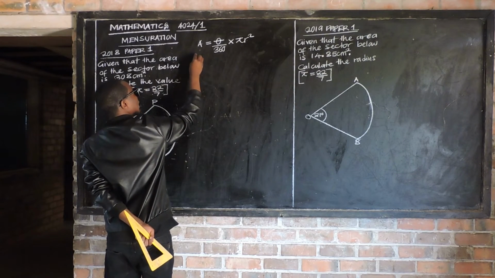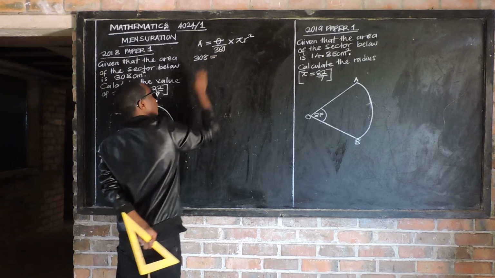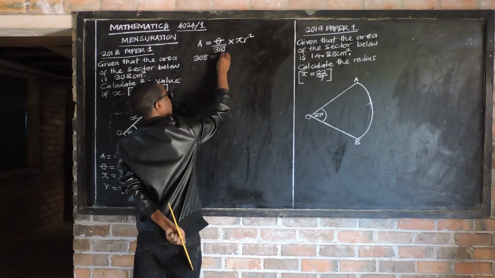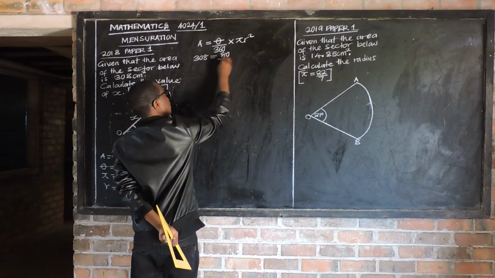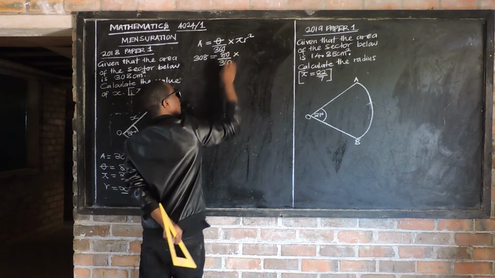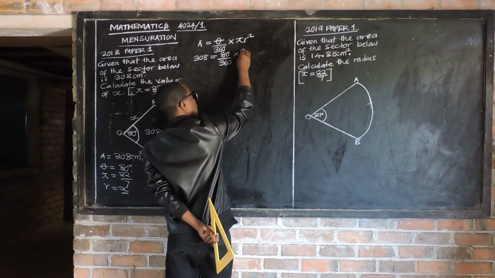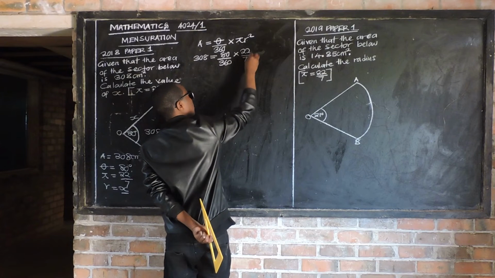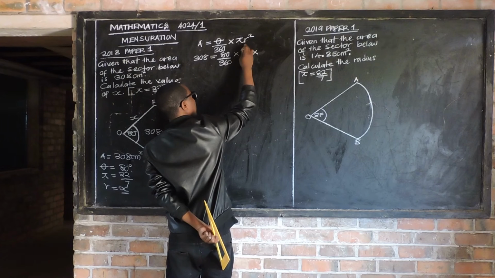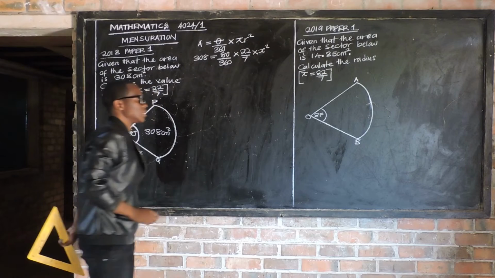So we have 308 is equal to, the theta is 80, so 80 over 360 multiplied by pi, which is 22/7, multiplied by the radius, which is x. So we just say x squared, this is what we want.